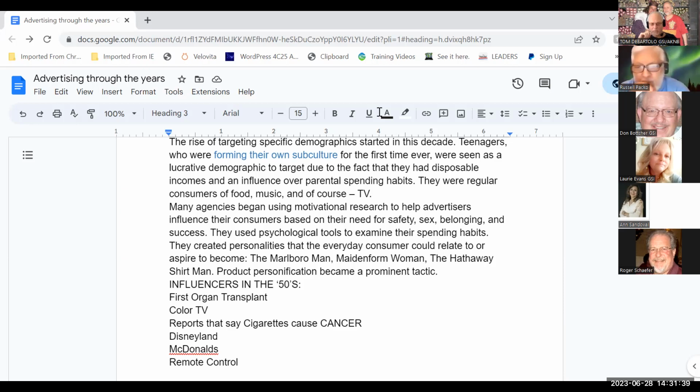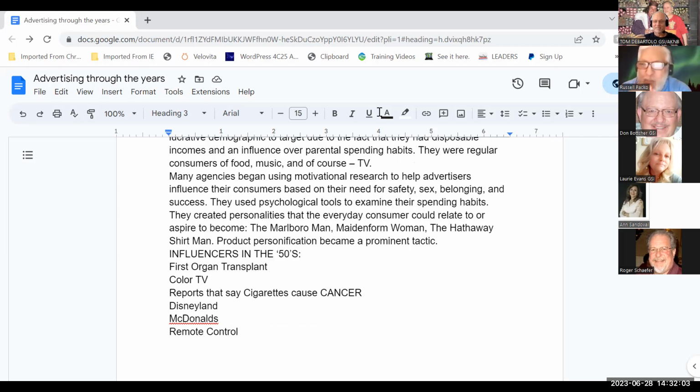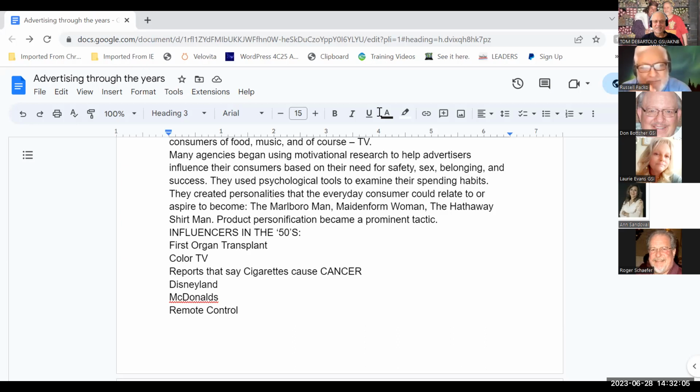I remember the Marlboro Man because I was heavily into racing at one time, and in the 60s and 70s, NASCAR was dominated by tobacco and alcohol. I don't recall the Maidenform Woman or the Hathaway Shirt Man, but I'm sure there are a few out there. Product personalities became a prominent tactic.